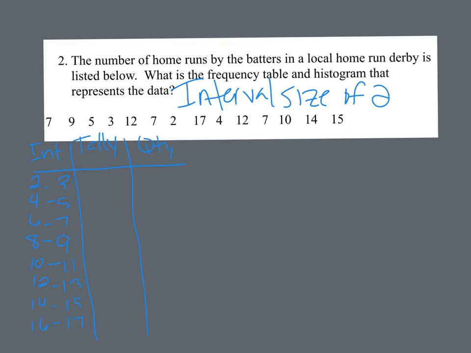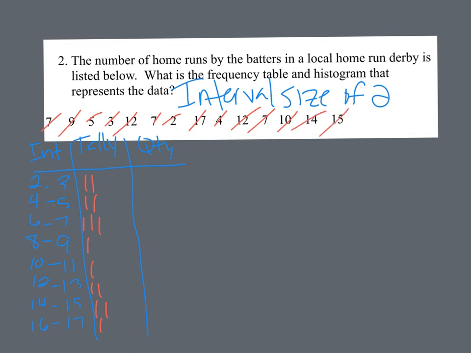All right, so here's my frequency table. So again, I started out with 2 because it was my smallest number, and I had an interval size of 2. So 2, 4, 6, so I'm adding 2 down, and then 3 is my first number here, and I'm adding 2 all the way down. So let's go ahead and do the tallies. 7, 9, 5, 3, 12, 7, 12, 7, 2, 17, and 4. 12, 7, 10, 10, 14, and 15.